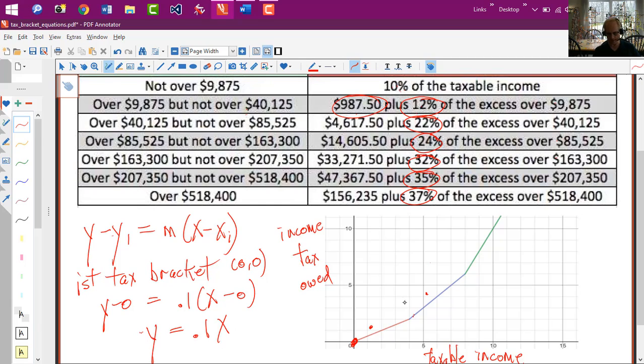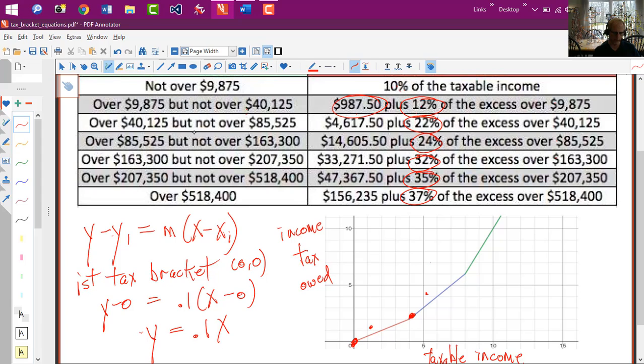So that's the equation of this first little line segment, and it's applicable when x is between 0 and 9,875. Okay, how do you do the next tax bracket? Well, it turns out we know its starting point. They tell us.